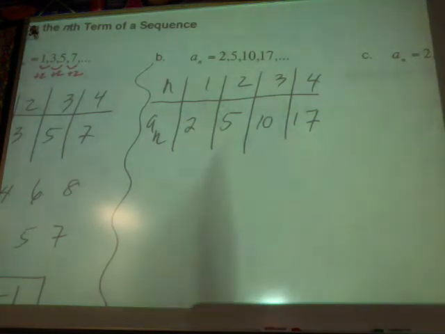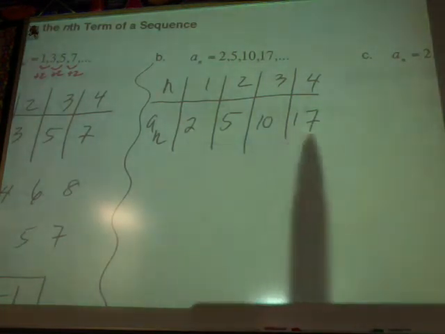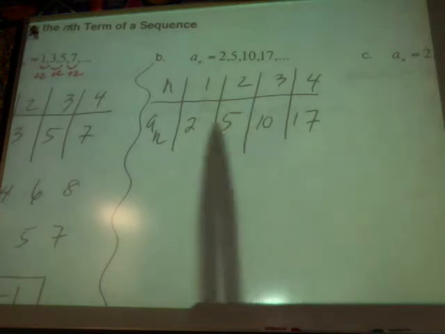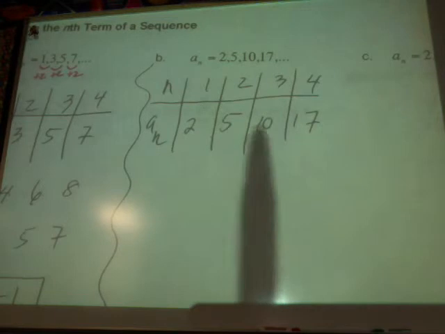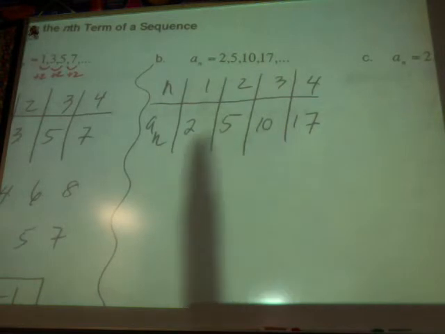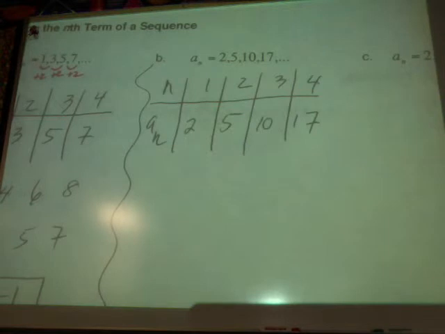Do you see a pattern here at all? Increase by 3, 5, 7. That's kind of a pattern, isn't it? Say that again? All the odd numbers. You're adding by odd numbers, right?